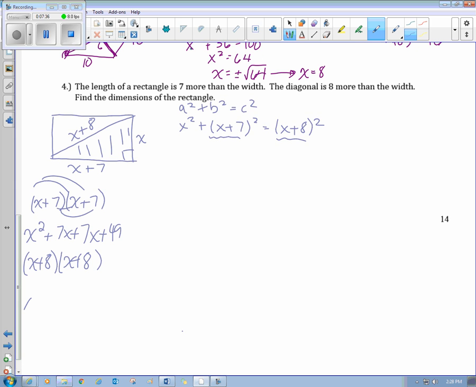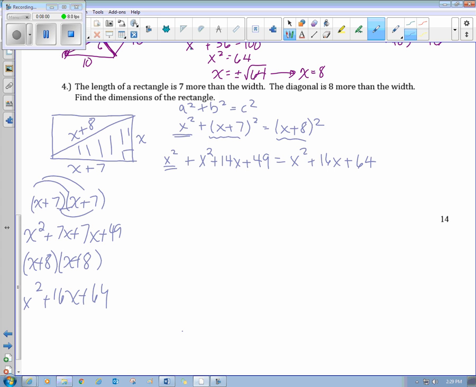So you would have x squared plus 16x plus 64. So this x squared stays. And then we're adding on what we get when we FOIL this. So that's another x squared plus 14x plus 49 equals what we get when we have x plus 8 squared, x squared plus 16x plus 64.